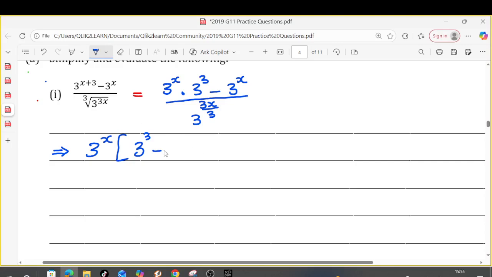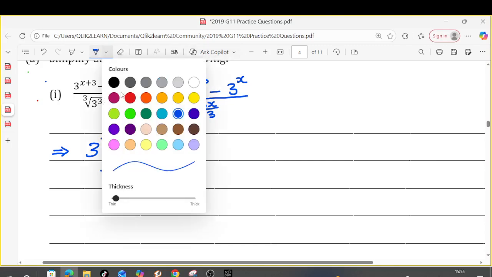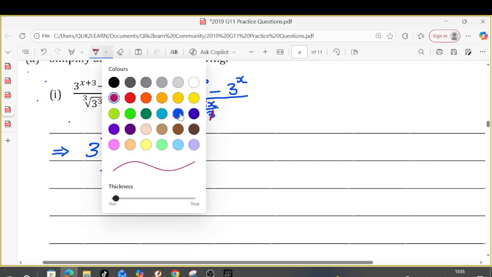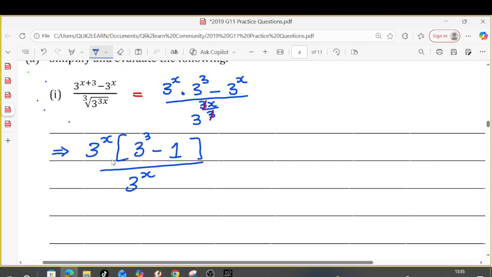Okay, no problem. So now when it's out, we replace it with 1. And everything is divided by 3 to the power x. Remember, the 3 on top and on the bottom will cancel. So I'm left with 3 to the power x, which tells you that this 3 to the power x will cancel with that 3 to the power x.